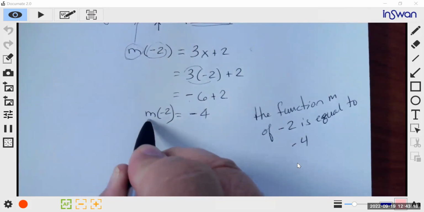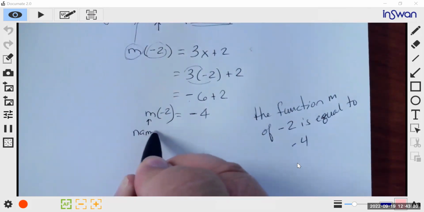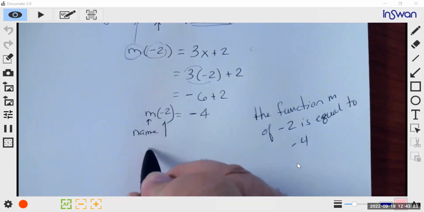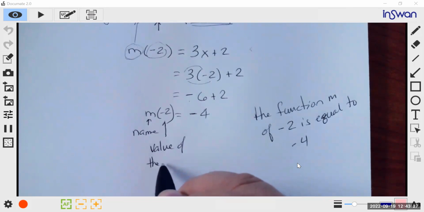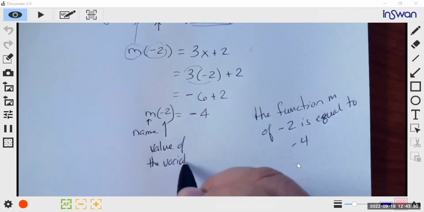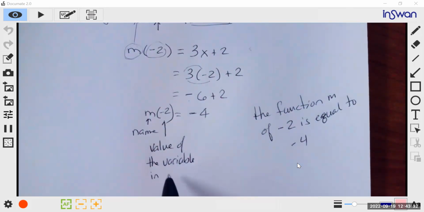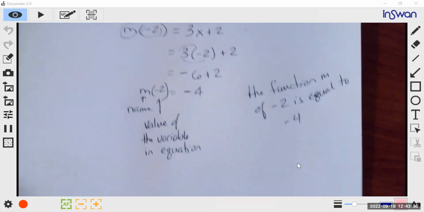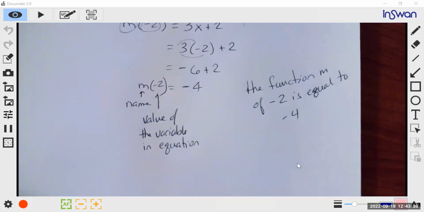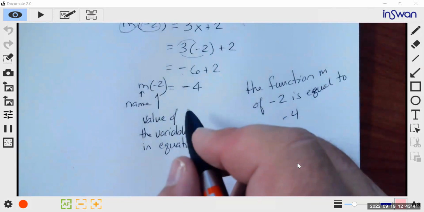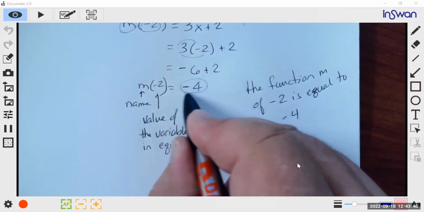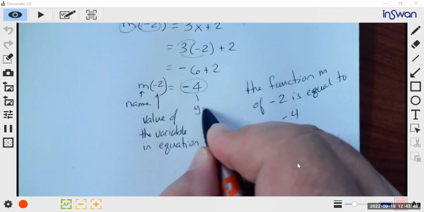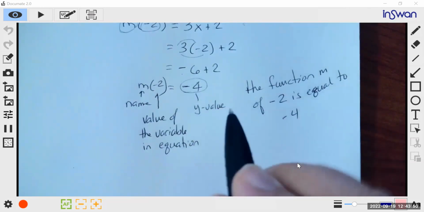So the function, this is the function name. This is the value of the variable in the equation. And this is your y value, your solution.